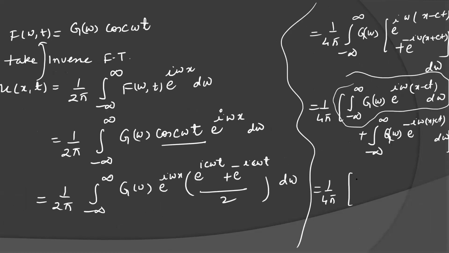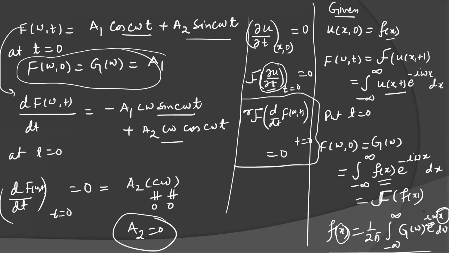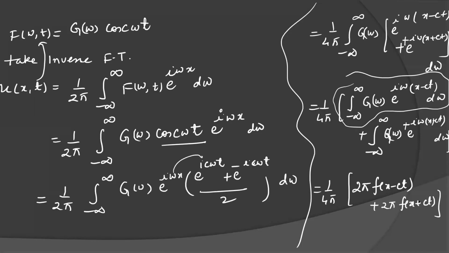So it will become 2π f(x−ct). There is a correction here: it is plus iω. You can see that the first term has plus iω common, and the second term represents 2π f(x+ct). x plus ct and x minus ct are coefficients of iω.